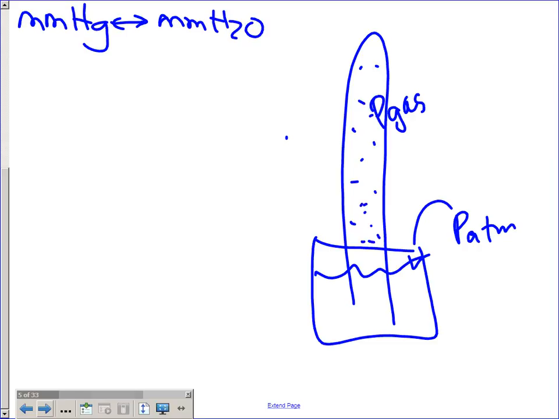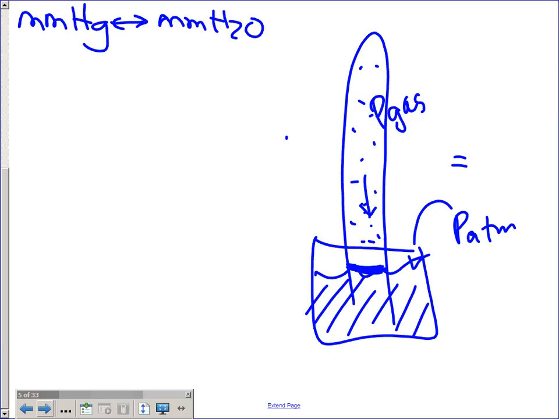Originally the water was all throughout this tube, and now the pressure of the gas has pushed the water down to here. What can you now assume about the pressure of these two things? They actually are equal. The pressure of the gas pushes, the pressure of the atmosphere pushes, and they meet at the water line. That means they're equal.